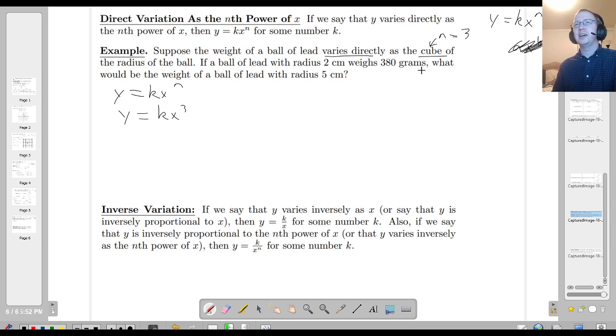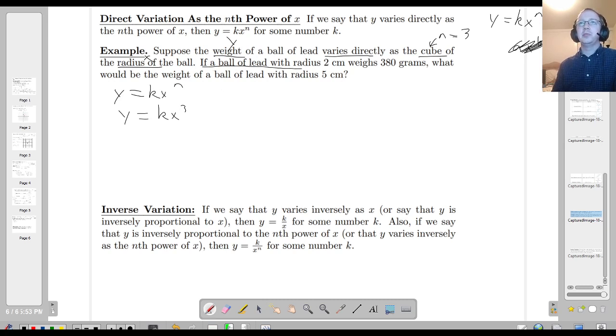We need to decide which variable is y. The pattern is always y comes first, and it varies directly as the nth power of x, which comes second. The way they phrased it, the weight is y, and the radius is x.